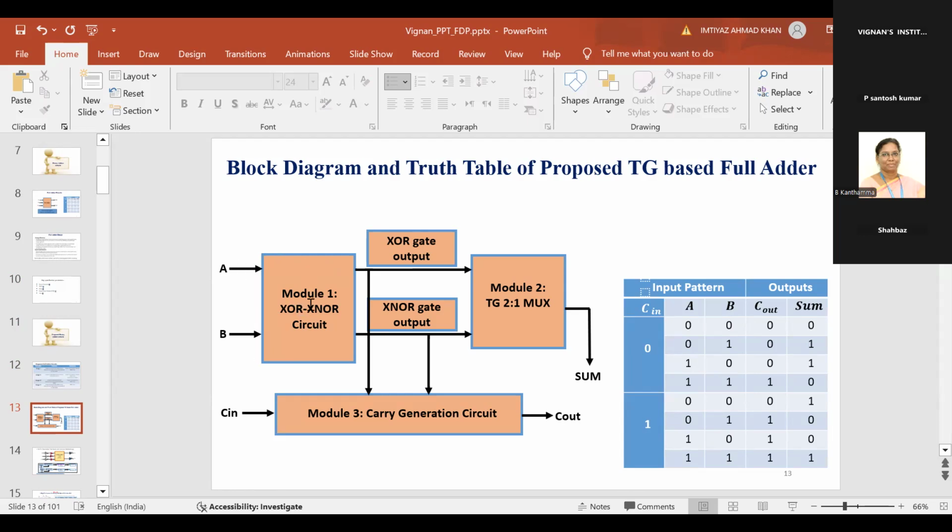Are you familiar with XOR and XNOR? Hello, Dr. Tilak? Hello, am I audible? Hello, am I audible?